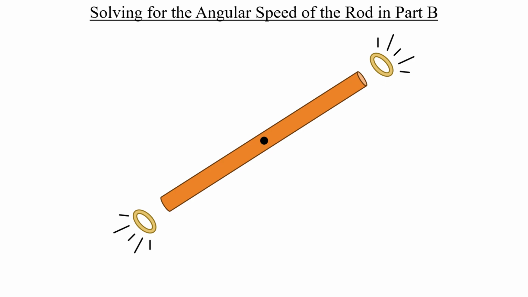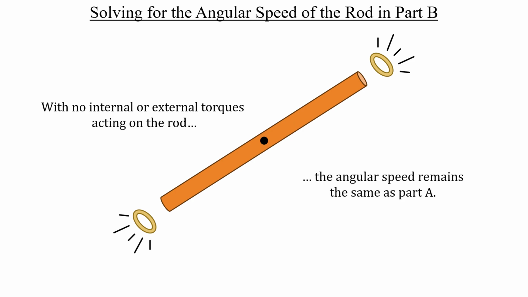If the rings fly off, then there's no internal torques anymore, and there's still no external net torque acting on the system either. So, since there's no torques, there's nothing to even cause a change in the angular speed of the rod. So, it would remain the same as the answer that we found back in part A.